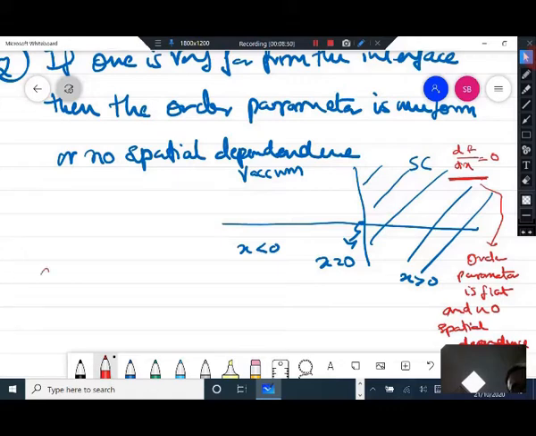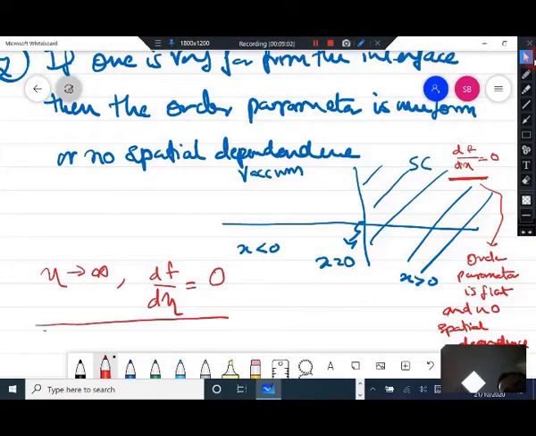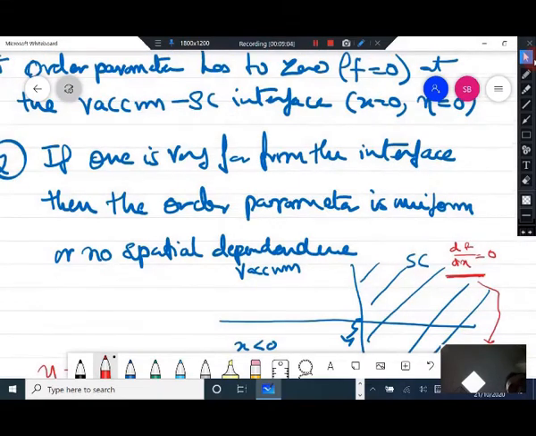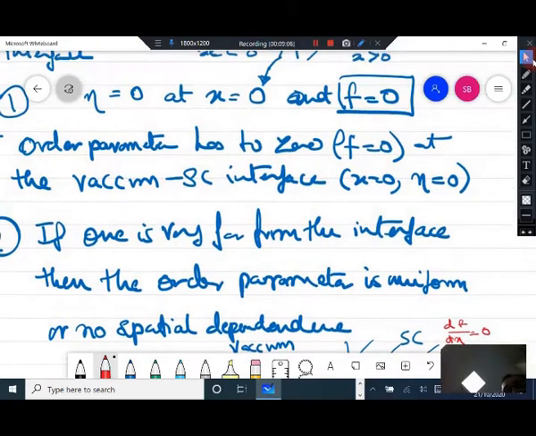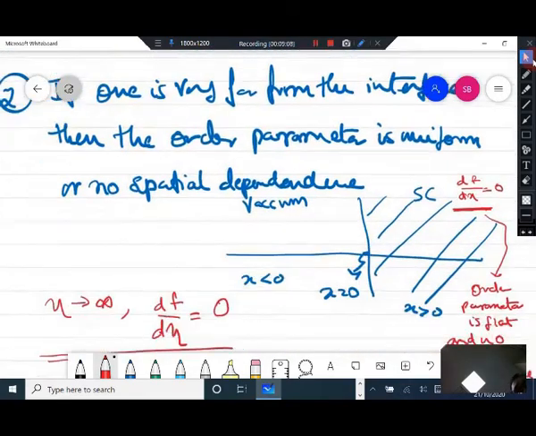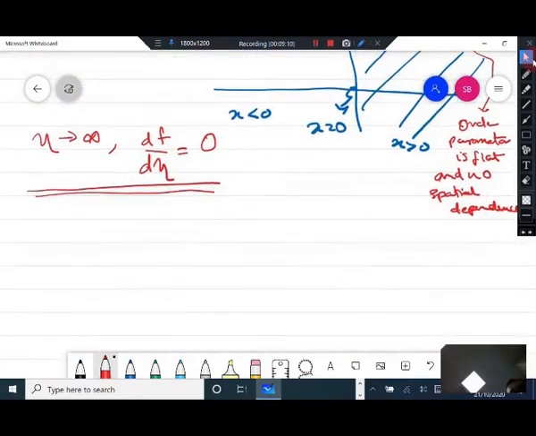So the second condition is that for eta tending to infinity, df by d eta is equal to 0. So the first condition is that at the interface the function goes to 0, and far away from the interface your order parameter is absolutely flat and has no spatial dependence.